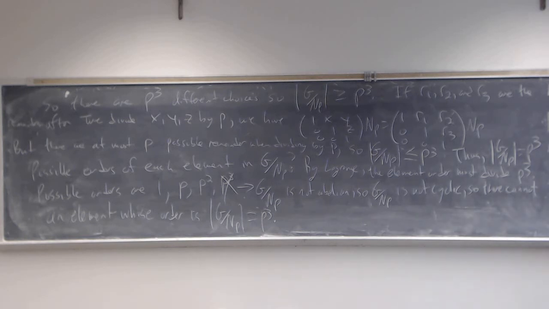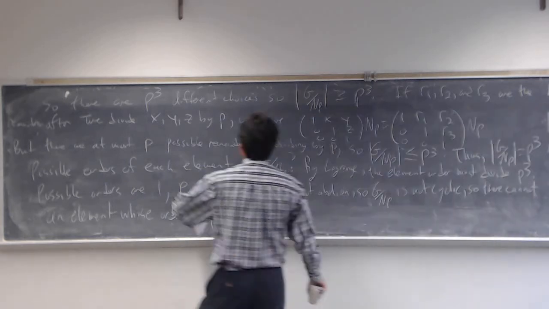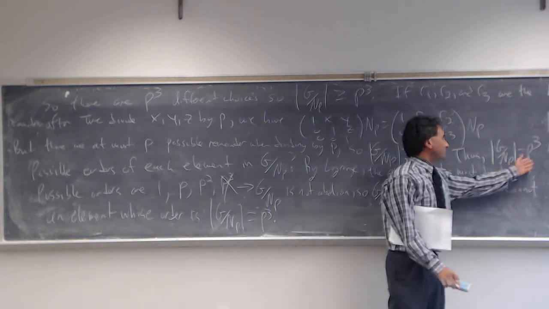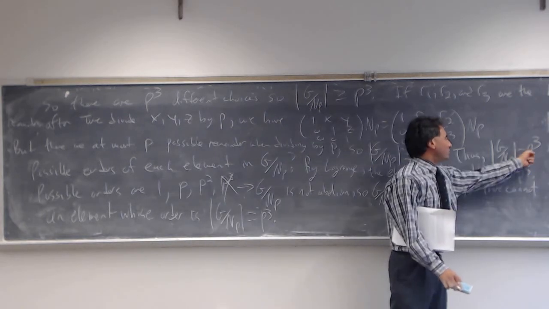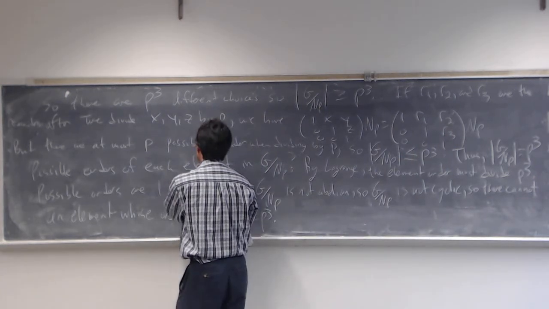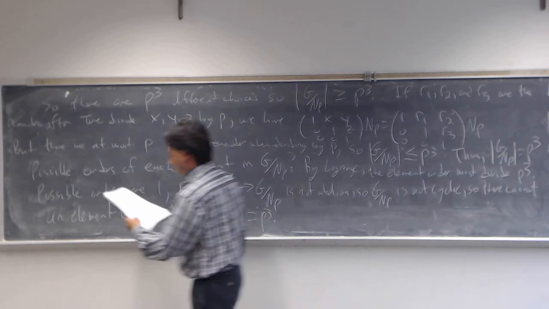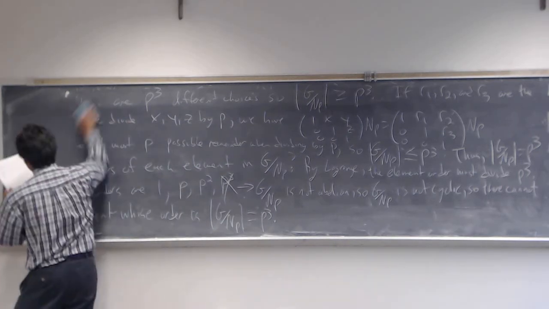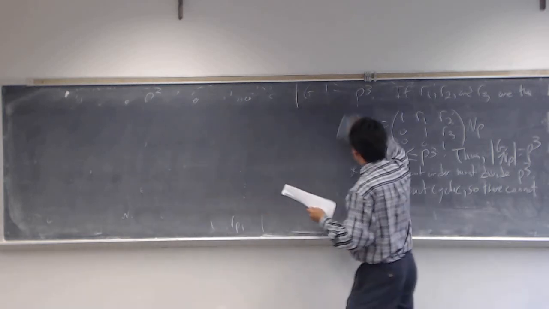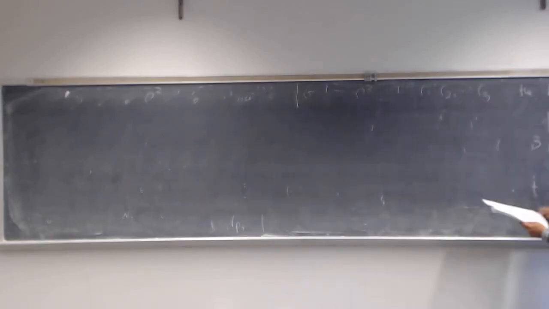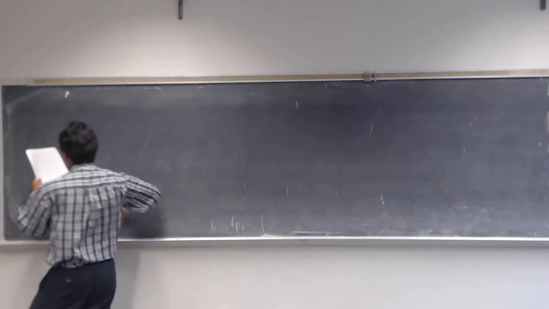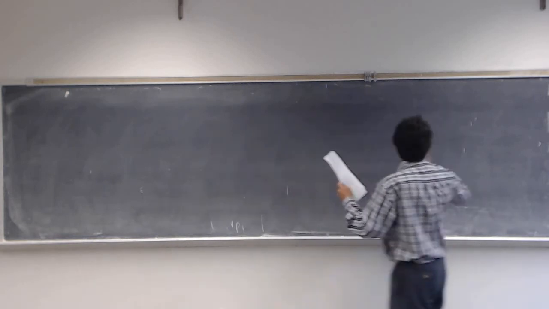So I'd like to investigate the individual orders. This is still true when p is equal to 2. What I've said here is still the case. There's still 2 cubed, so there'll still be 8 elements, and the orders can still only be 1, p, and p squared.